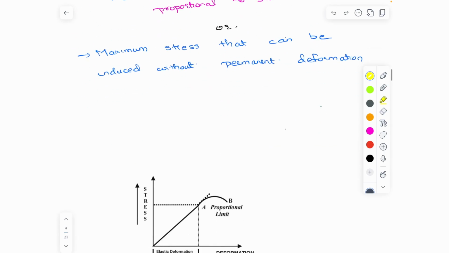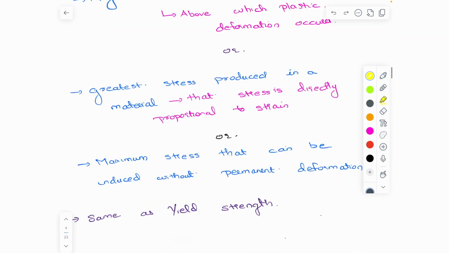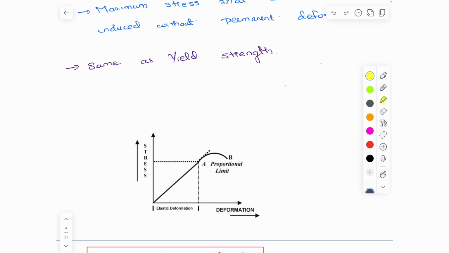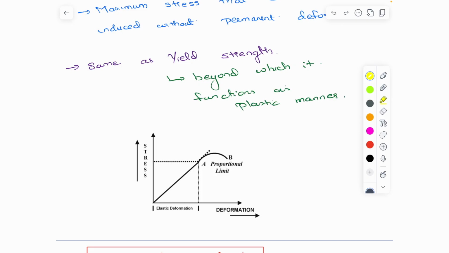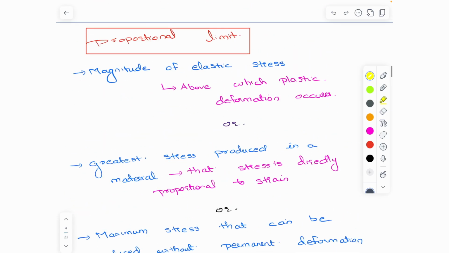So all these talk about the same thing. Before that, it's the same as yield strength. That means your proportional limit and yield strength are related, beyond which the material functions in a plastic manner. I told you. Now let's understand the definitions.